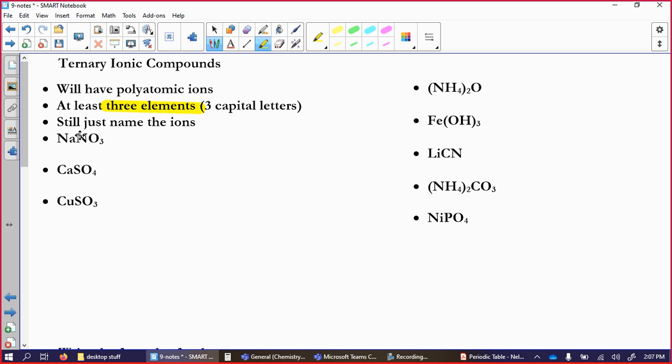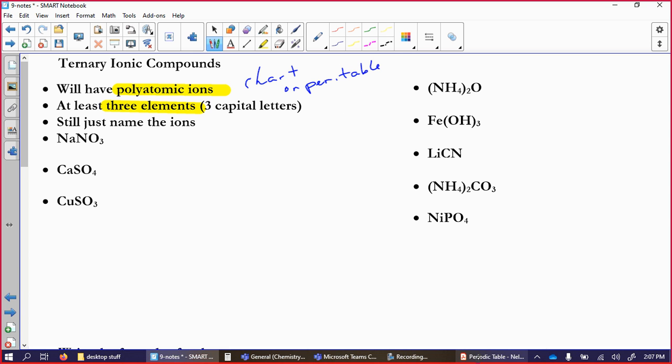So Na, N, and O; N, H, and O. These are the things with polyatomic ions. Most of the common ones are on the chart on your periodic table. We've mentioned these before, and now we're actually going to use them.